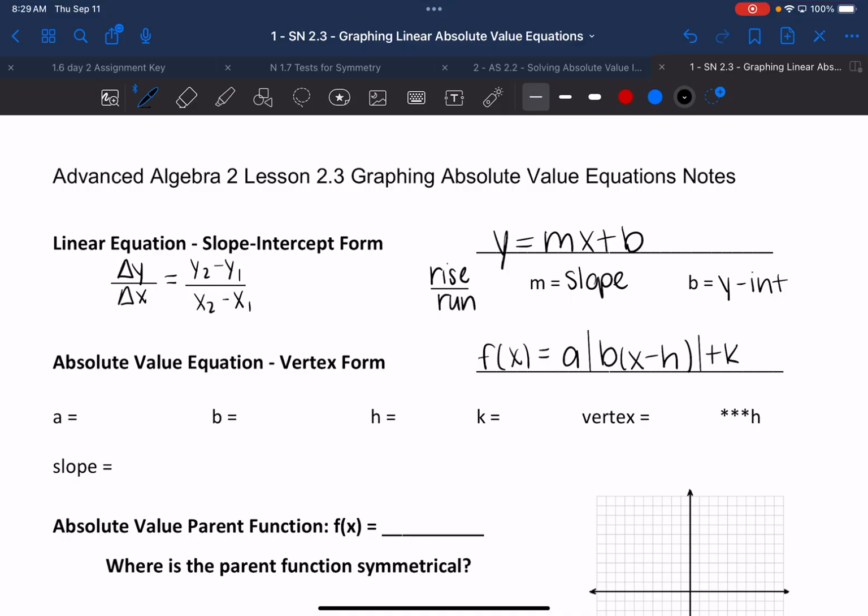So your A is kind of like the part from your equation up above that was change in y. So this is the change in y part of your slope. And B is going to be kind of like your change in x part.